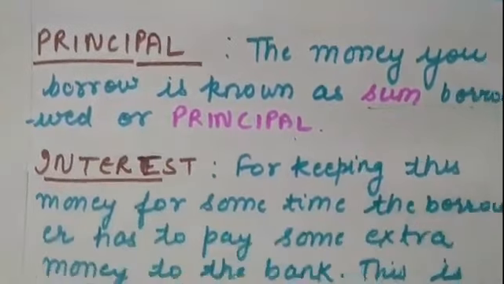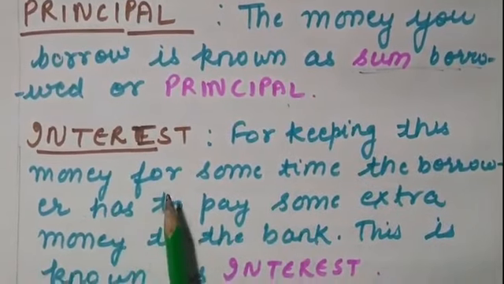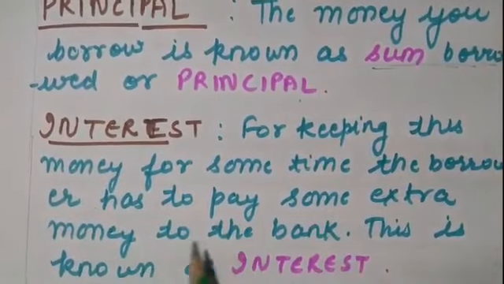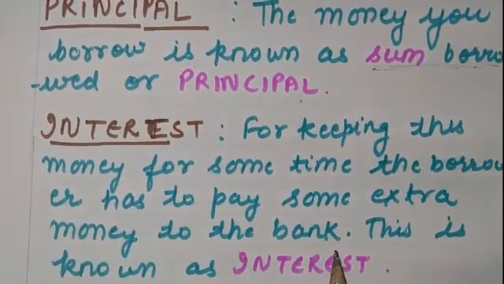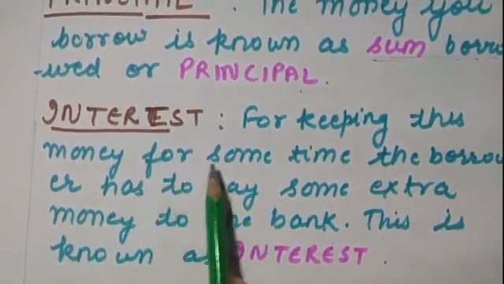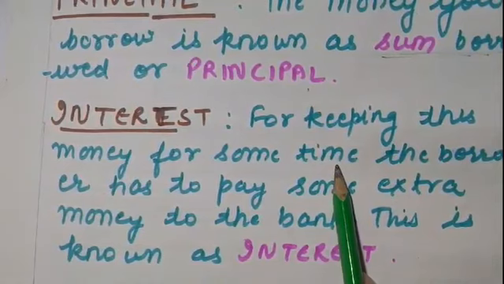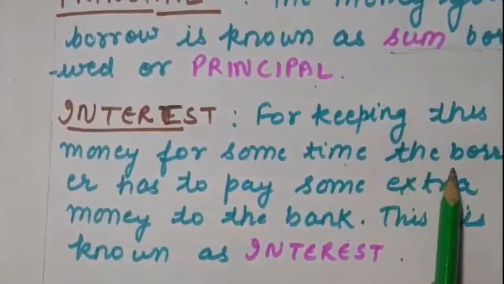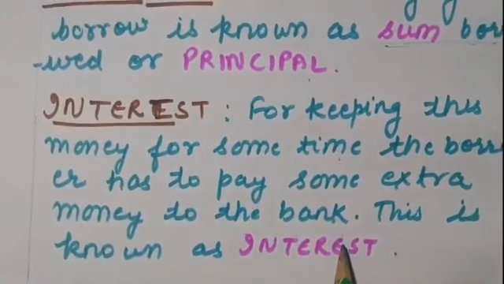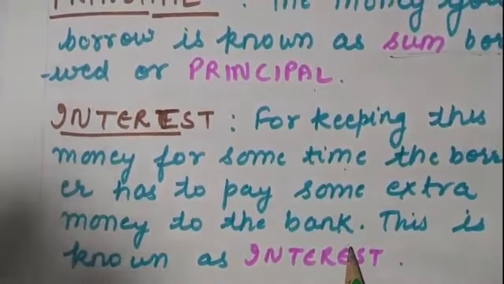After that come to interest, or you can say simple interest. For keeping this money for some time, the borrower has to pay some extra money to the bank. Let us read it again. Suppose you have borrowed a loan from the bank.